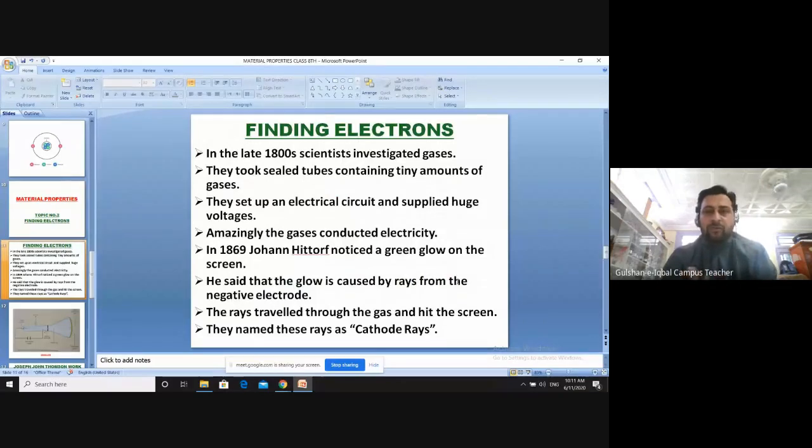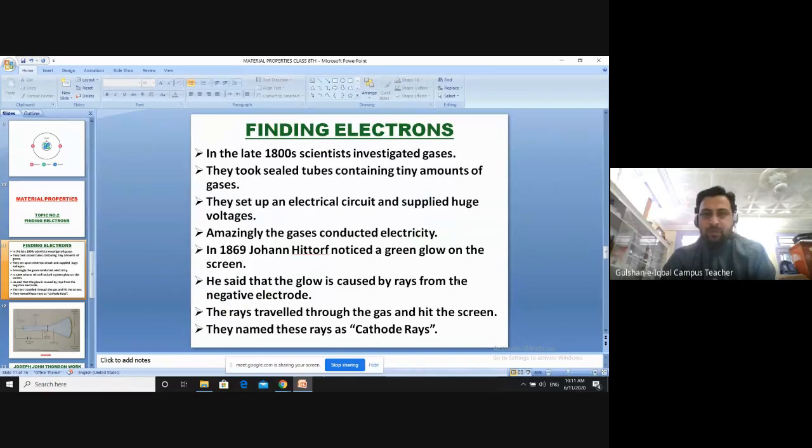Now, finding electrons. In the late 1800s, scientists investigated some gases. They experimented with gases, and for that purpose they took sealed tubes containing a tiny amount of gas. They were kind of vacuums, and in those vacuums there were small amounts of gases present.